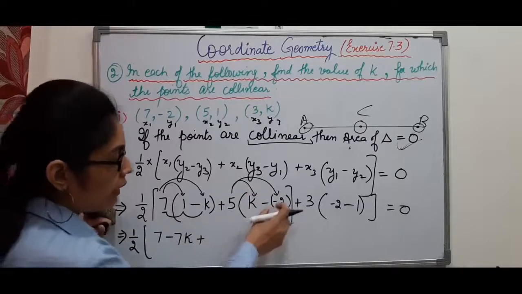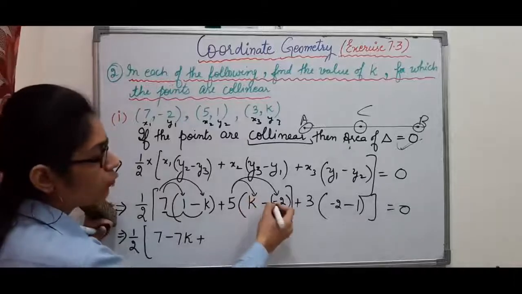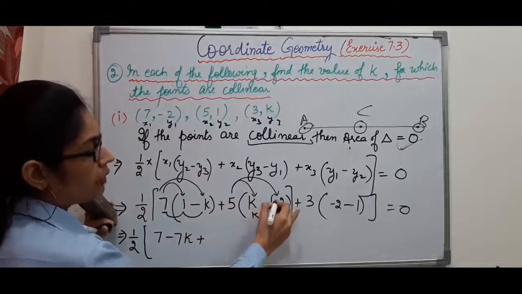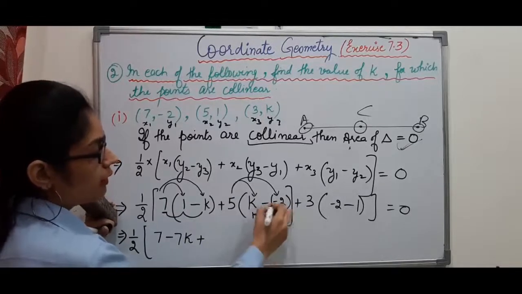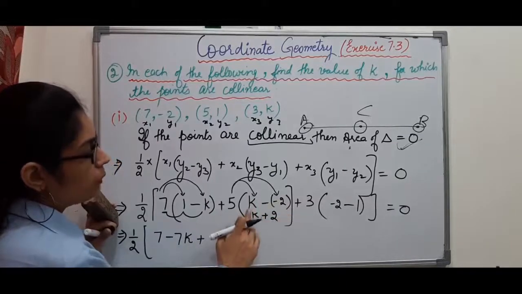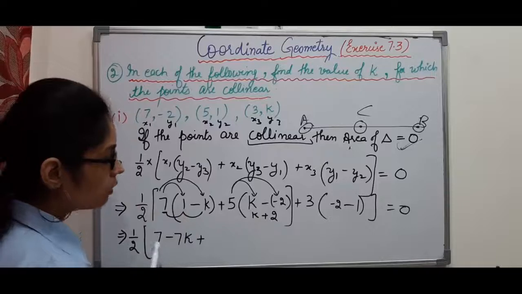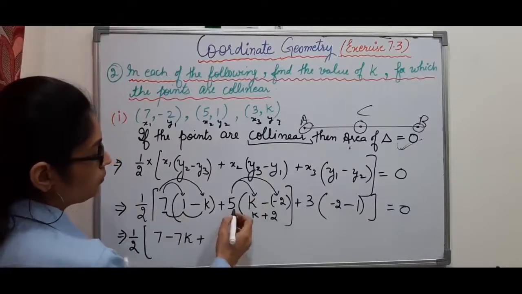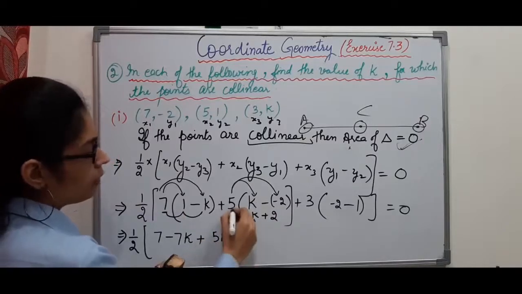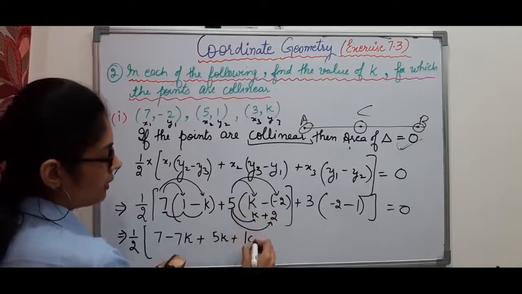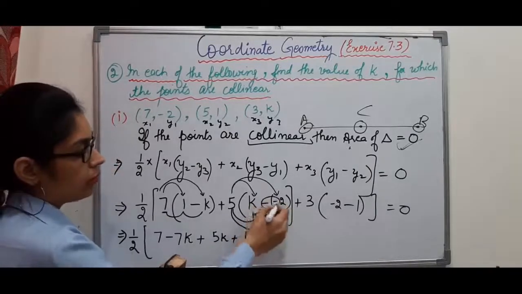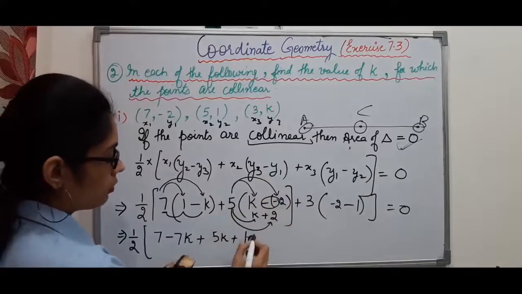First of all, two signs are together, so we have to make these two signs into a single sign. I can write k, minus and minus is plus, so k plus 2. Now this 5 we have to multiply with k and with 2 also. So it will be 5k, plus 5 into 2, it is 10. So in one single step I have changed the sign and done the multiplication also.